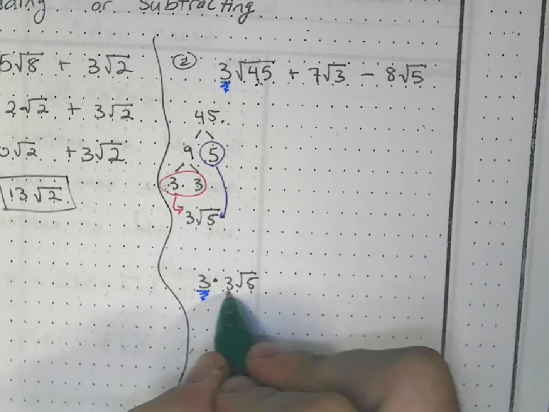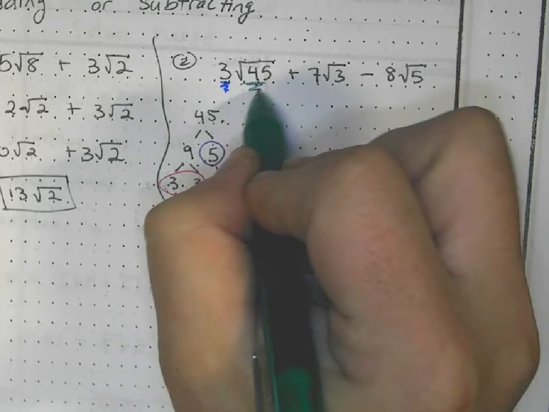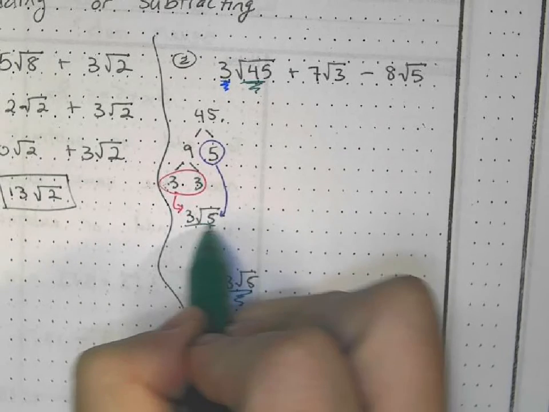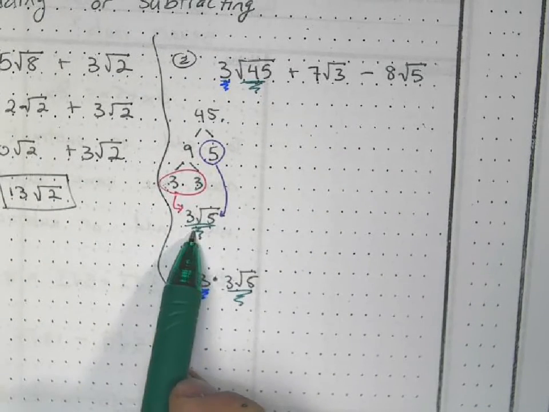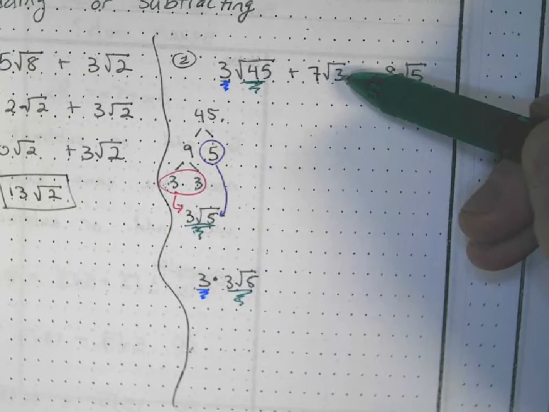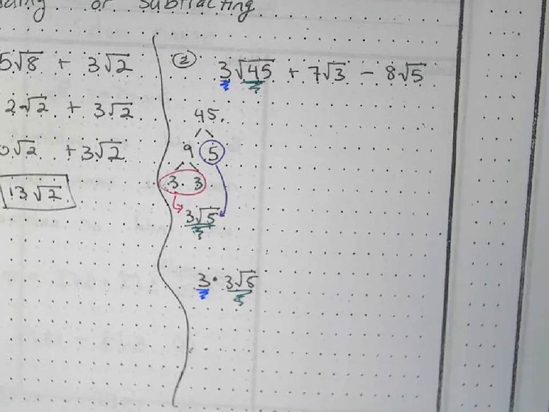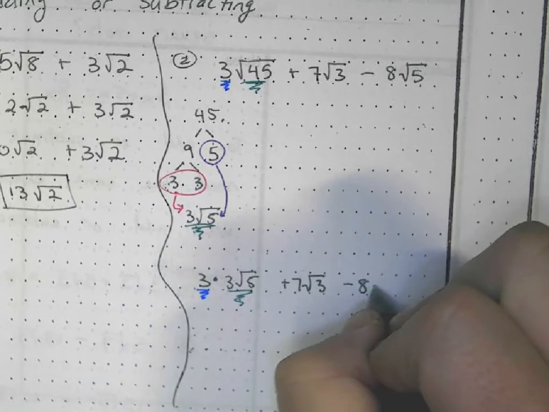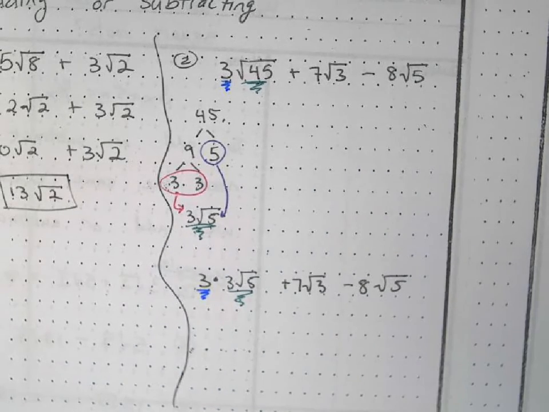This 3 root 45 right here is what came from there. So root 45 became this 3 root 5, and then this 3 root 5 came down here. Now I can bring all this stuff straight down. So I'll have plus 7 root 3 minus 8 root 5.